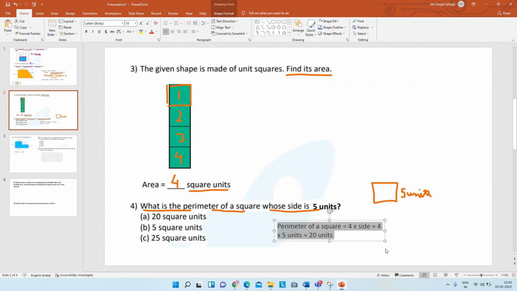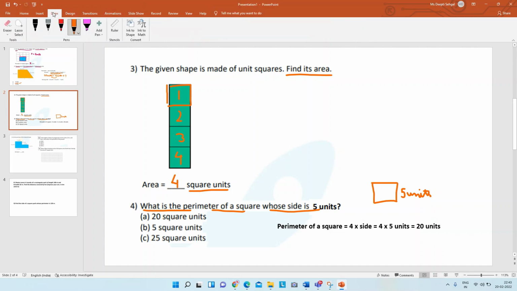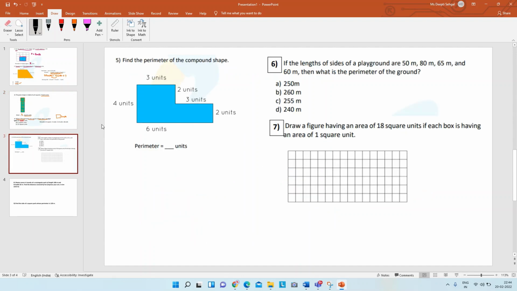So 20 units is the answer. Now you see all the options. In all the options, it is 20 square units. So it is wrong. You cross the word square from here, and put a tick mark on this. So 20 units is the answer. Okay. Let's move to the next question.